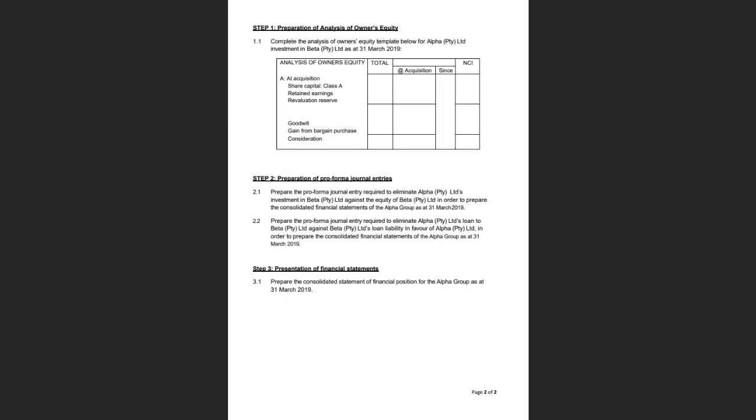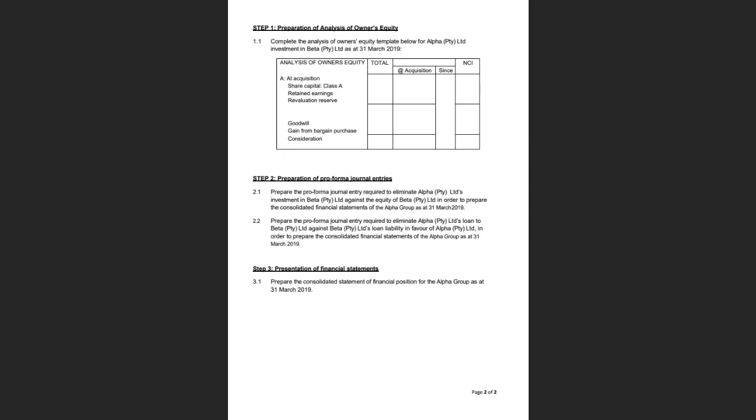Okay, so I'm going to stop. Let's just go through all the requireds on the question, and then I'll stop sharing the question, and we can have a look at how to do this together. So the first required is to complete the analysis of owner's equity template below for Alpha's investment in Beta as at 31 March 2019. After we've done that, we need to have a look at step 2.